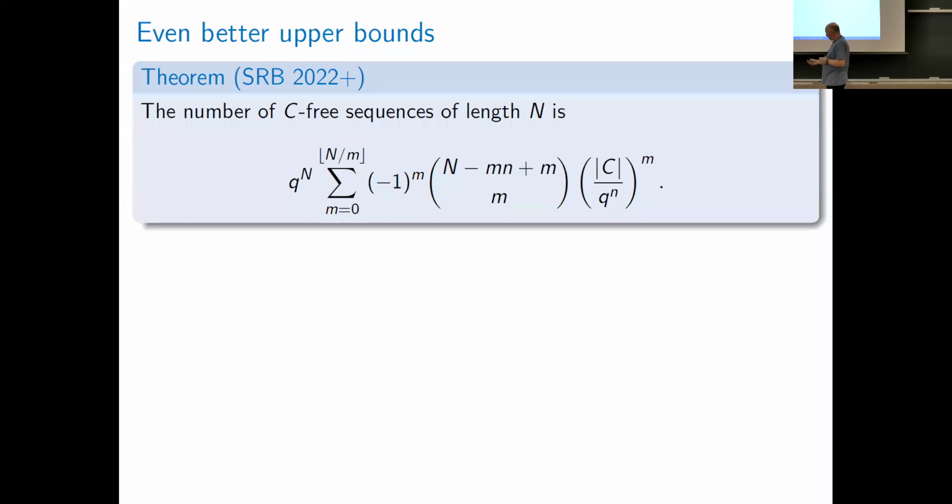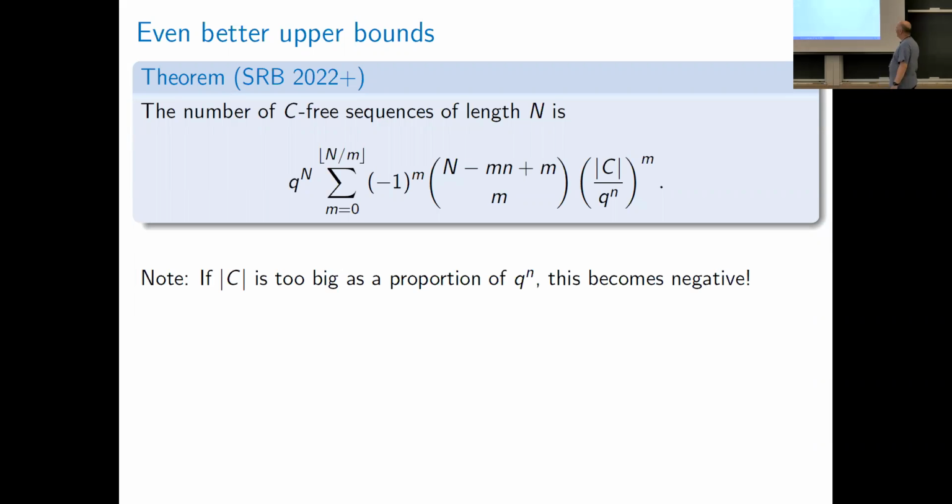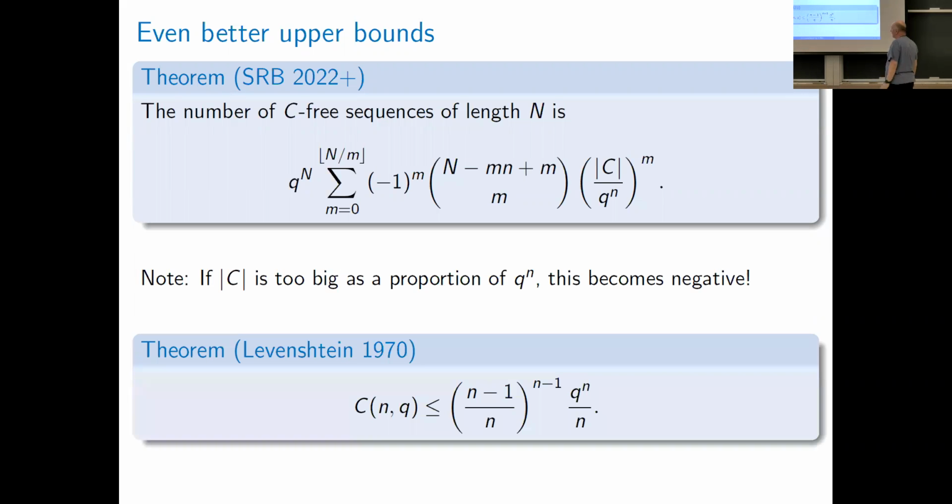So why was I interested in that? Well, the point is that it does give you a bound on C. It's because this is just a counting version of an old bound. And this is a very beautiful bound, due to Levenshtein again in that 1970 paper. So here we've got the q^n/n factor, like the upper bound, and then we've got ((n-1)/n)^(n-1) in front.